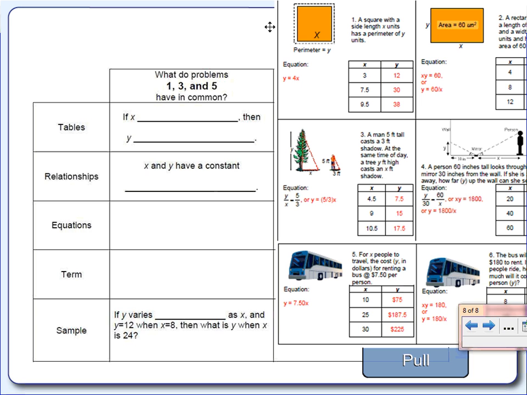I'm looking at this table here, and this table here. So, over here it says, if X blanks, then Y blanks. What do you notice about the table? As the X's do what? The Y's do what? As the X's increase, notice how the X's are getting bigger as we go down the table.